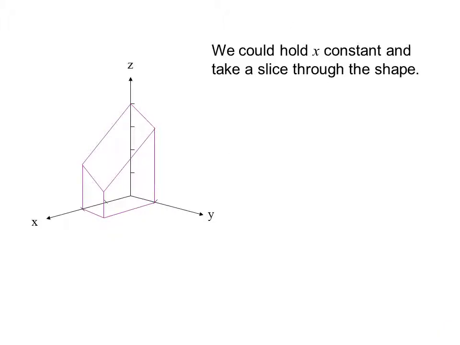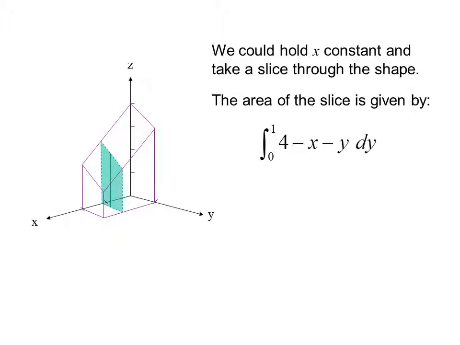We could hold x constant and take a slice through the shape. The area of the slice is given by the integral from 0 to 1 of 4 minus x minus y dy.